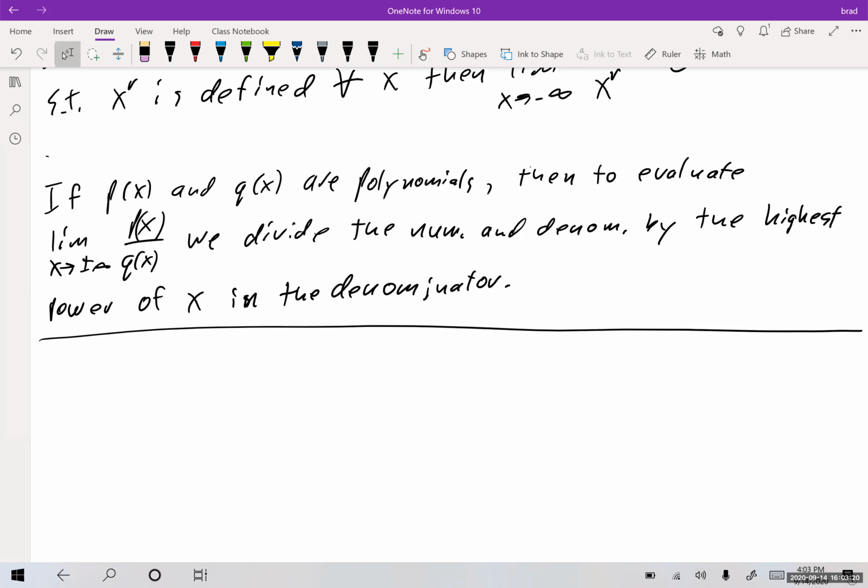Whenever you're taking all of these limits at infinity, what you actually are finding is horizontal asymptotes. So it says the line, let me write this up in red, this is really important, okay?